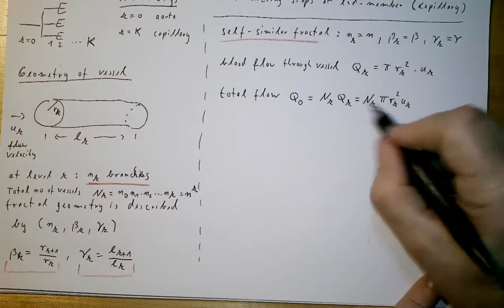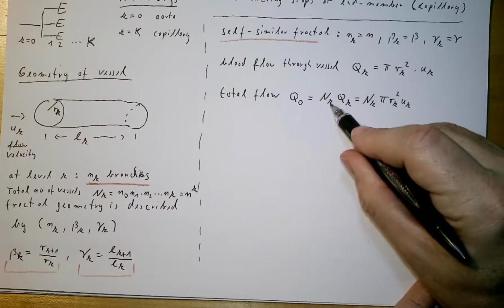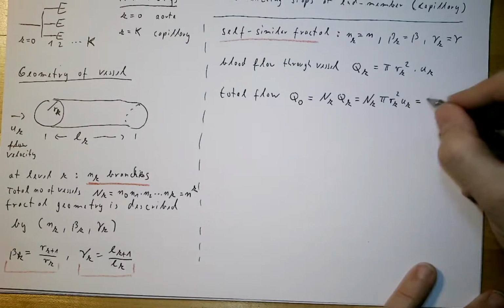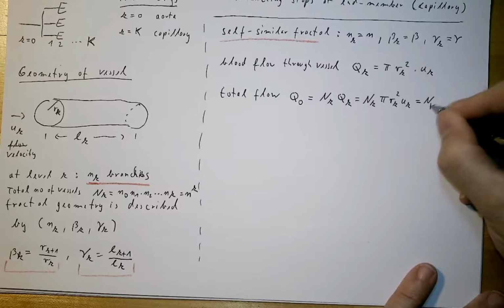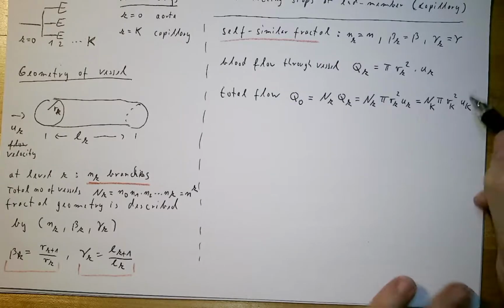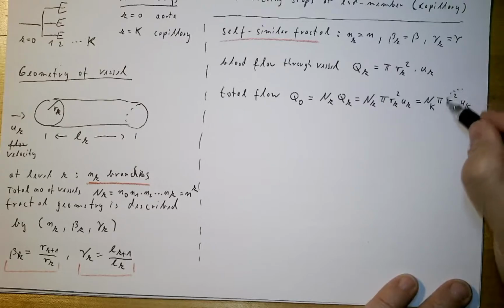That would be the flow at a certain arbitrary branching in the system, and this must of course be the same as at the capillary level, when we have big K, pi, capital R K squared, U K. And now you see this is just a property of the capillary.